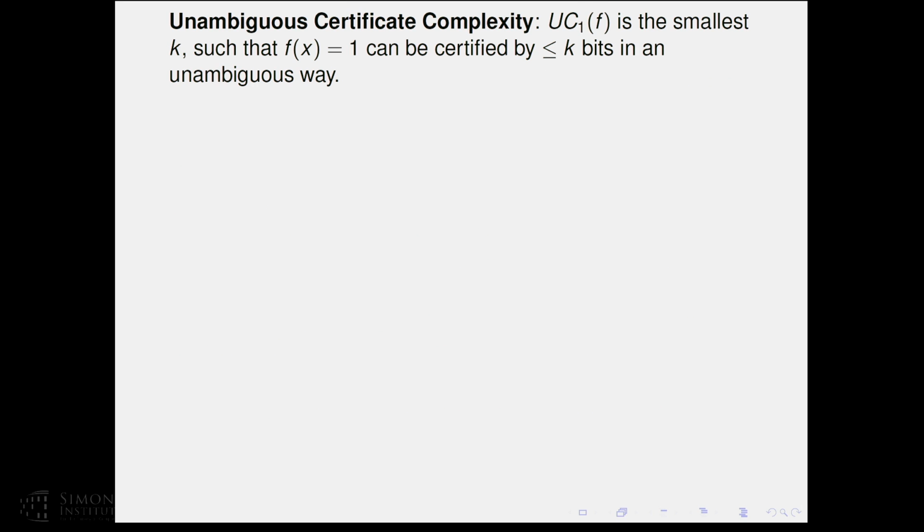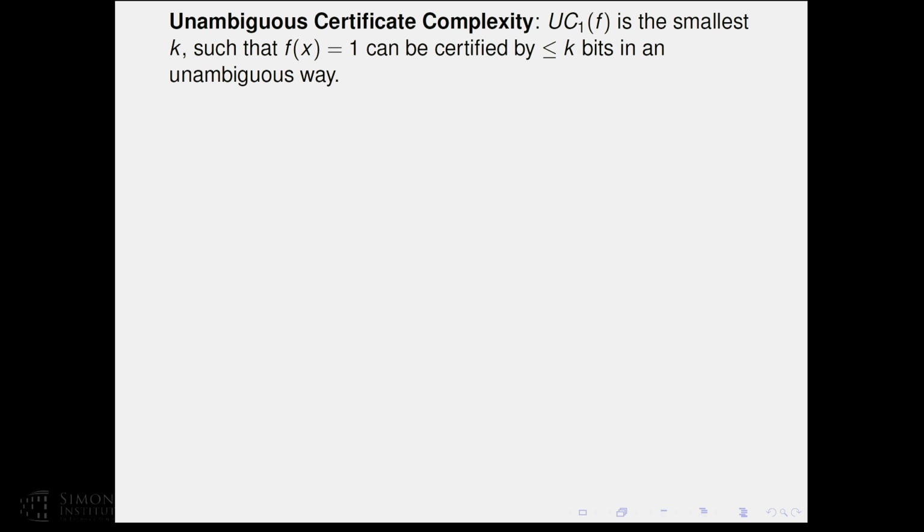Before I can formally state our theorem, I have to tell you what unambiguous certificate complexity is. Here I just define the one-sided version, because we won't be working with the two-sided. So the UC1 of f is the smallest k such that you can certify f of x equal to 1 by at most k bits in an unambiguous way.